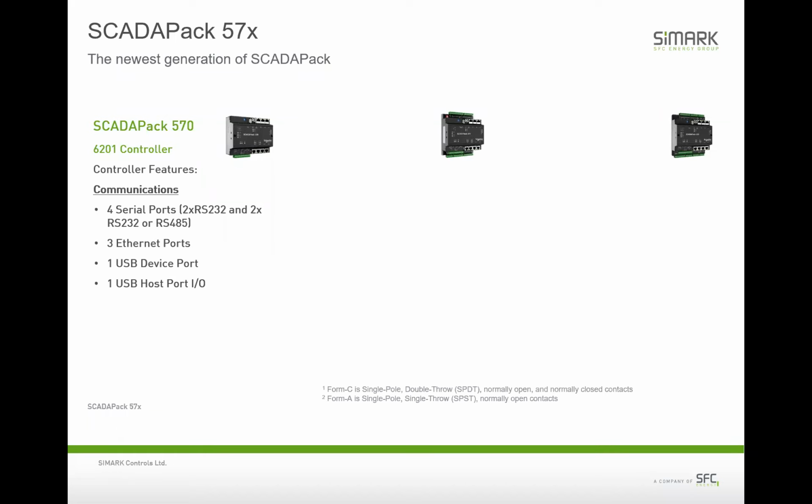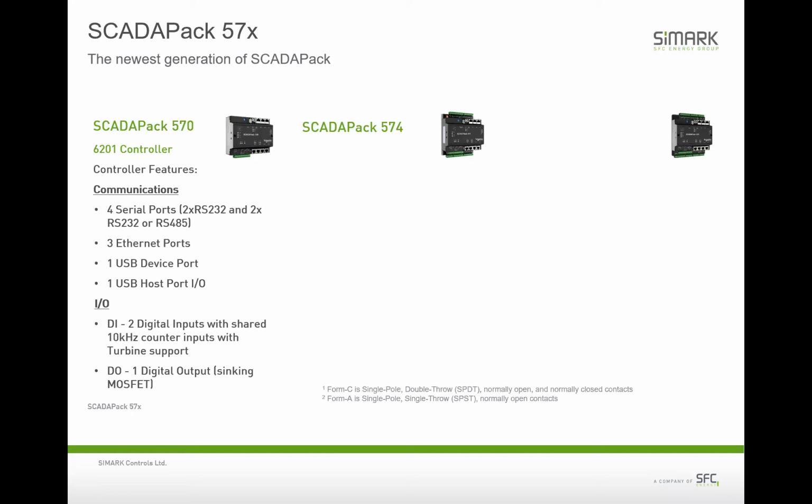We've got 1 host port for adding in a USB memory stick and offloading data from the large amount of onboard RAM that has been installed. I/O is limited on the controller board to just 2 digital inputs that do support up to 10 kHz counter inputs with turbine amplifier built in, and 1 digital output on the controller board there.